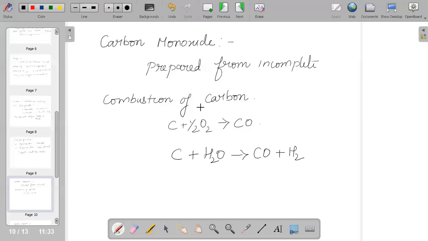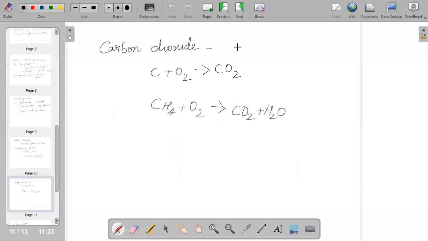The next one is carbon dioxide. Carbon dioxide is prepared from complete combustion of carbon and carbon-containing fuels in excess of air. Carbon plus oxygen gives us carbon dioxide, or we can use methane plus oxygen, which will give carbon dioxide plus water.